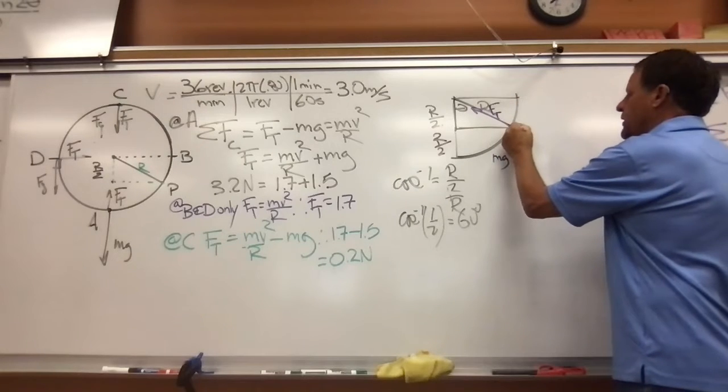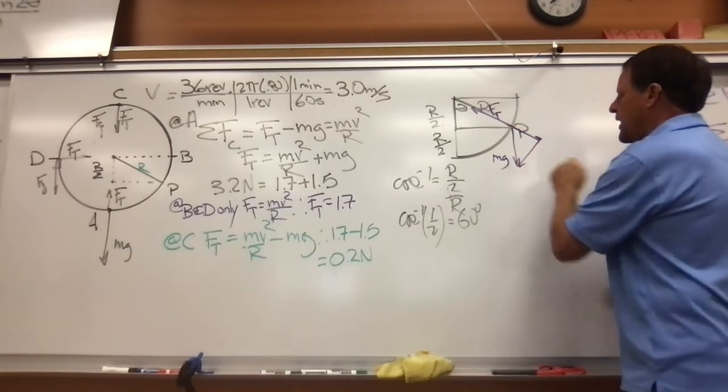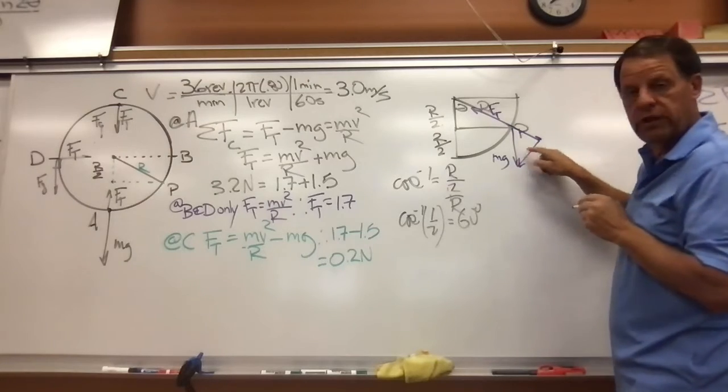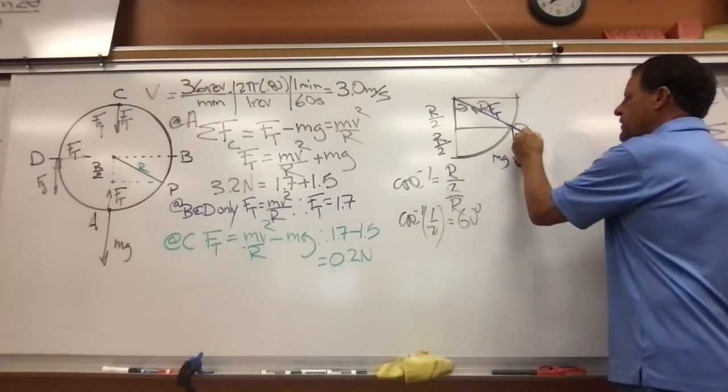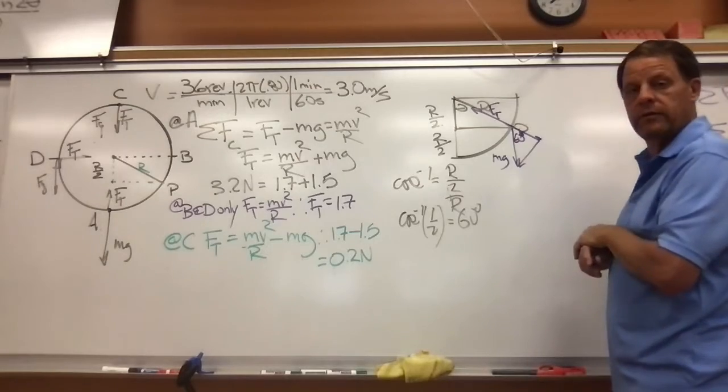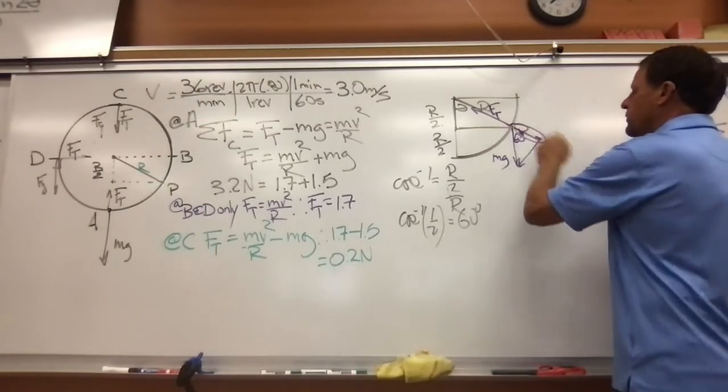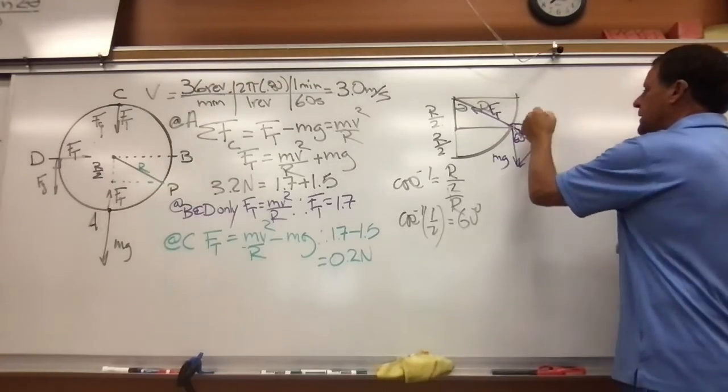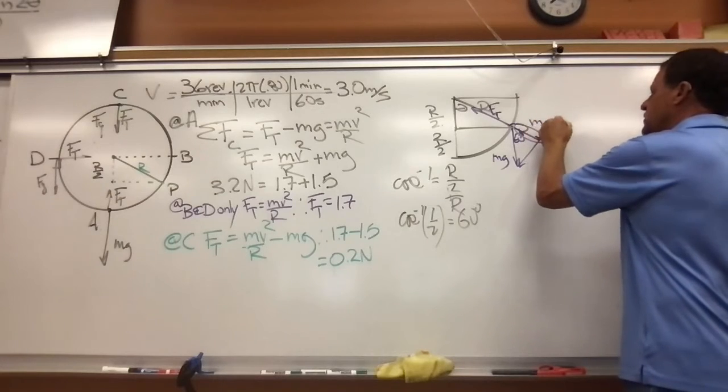So we're going to have this component and this component of mg. And if we know that this is 60 degrees, we know that this one is going to be mg cosine 60.